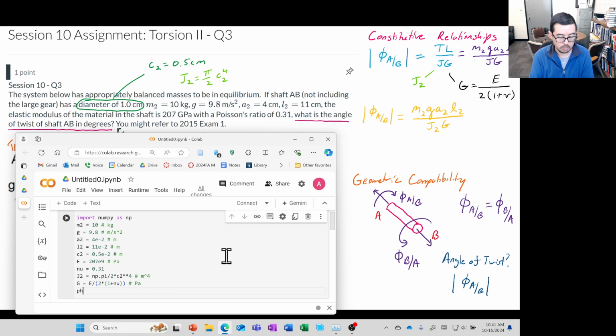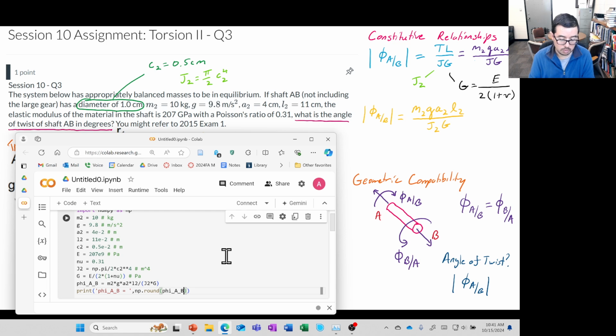Now we can say that phi AB is going to be equal to m2 times g times a2 times L2 divided by quantity J2 times G. We'll print this up, saying that we're trying to describe our phi A relative to B, using np.round.